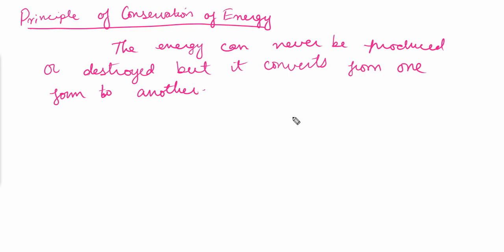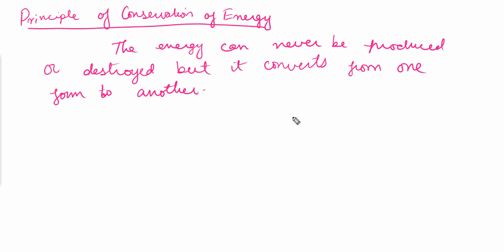Okay, so let's suppose we are driving a car. In the car, the fuel basically burns, and due to the burning of that fuel, the chemical energy converts into the kinetic energy. So as a result of that, the car moves. When we walk, the food that we eat contains the chemical energy, and that chemical energy converts into the kinetic energy.